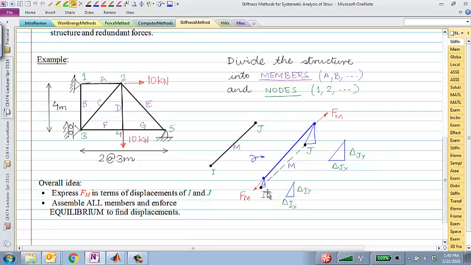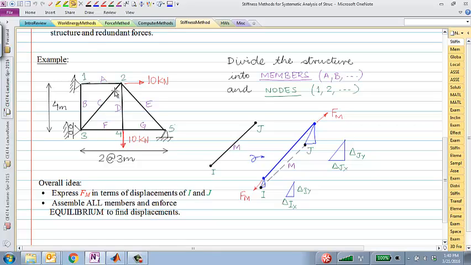And the whole idea is that if I can somehow relate the force in this member, which technically can only be in compression or tension, so I'm marking it as Fm, where M denotes the member or the element number. If I can relate that Fm to the delta x displacement and delta y displacement at node I, and the same delta x and delta y displacements at node j, then I have something that I can use as a force displacement relationship for one particular member in the truss.